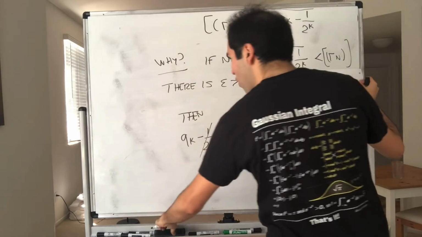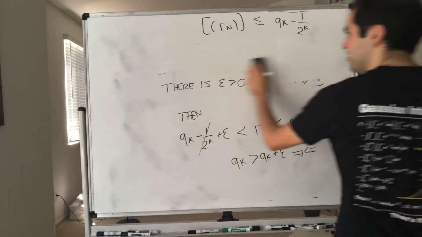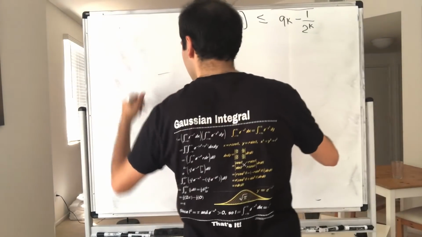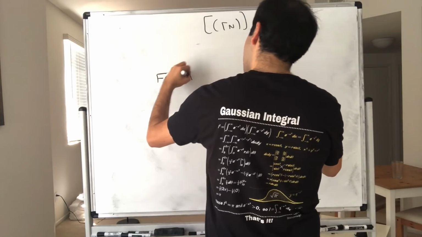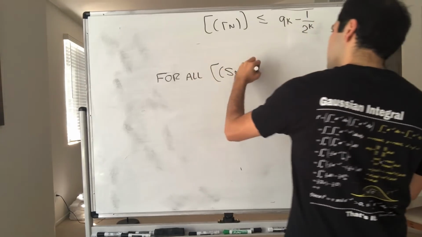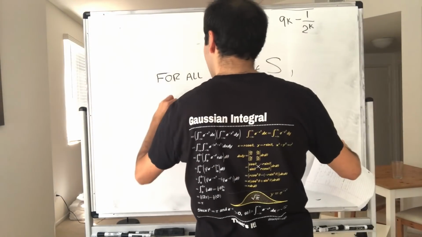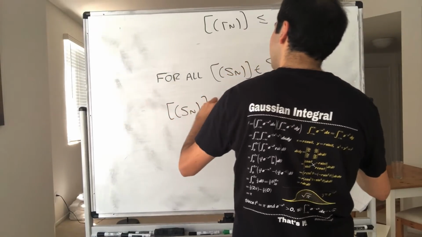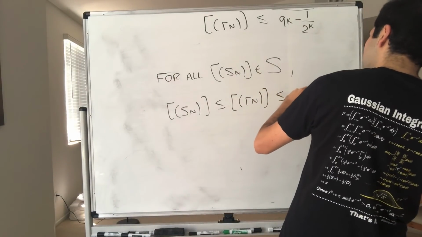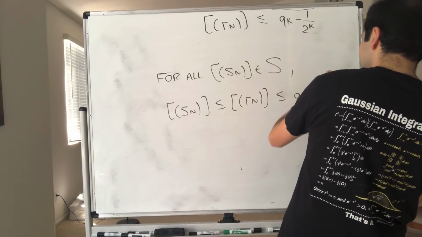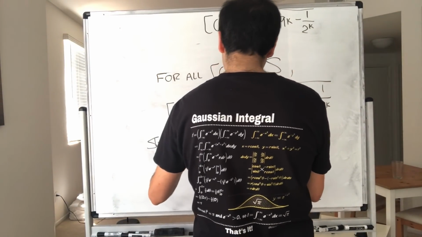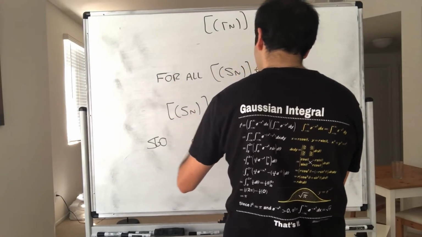But remember, Rn was an upper bound for S. So for all Sn in S, by definition of upper bound, Sn is less than or equal to Rn, which is less than or equal to Qk minus 1 over 2 to the k. In other words, Qk minus 1 over 2 to the k is an upper bound for S.